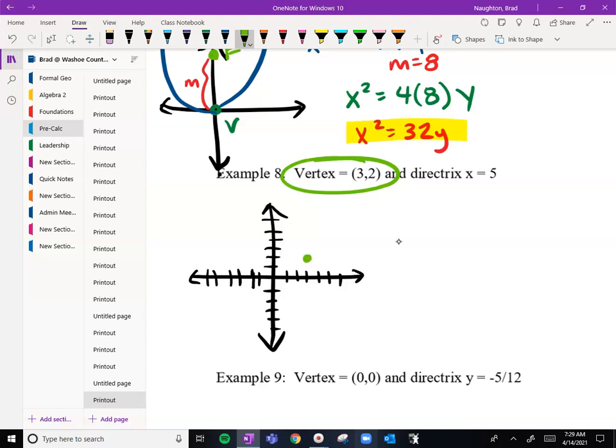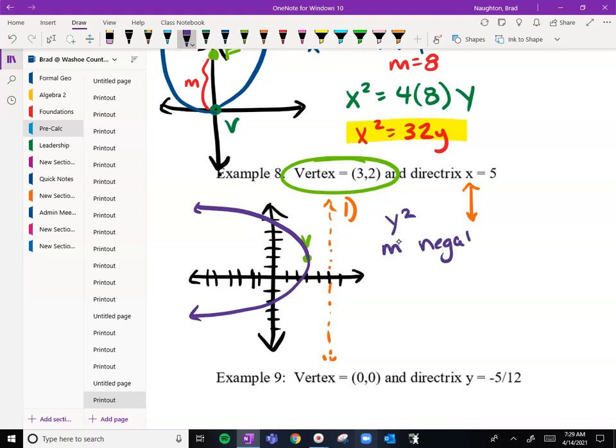So I'm going to go ahead and put my V right there. And then it says directrix is x equals. Remember, x equals is a vertical line at 5. So 1, 2, 3, 4, 5 is going to be right here. So this is my directrix. And the directrix says go the other way. So my parabola is going this way. So we know that's a y squared. And we know our m is negative, as we've already sort of mentioned with these important pieces.